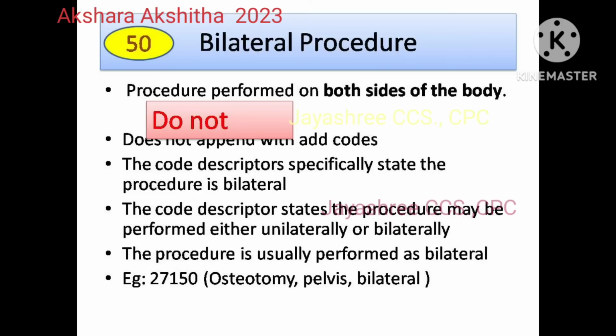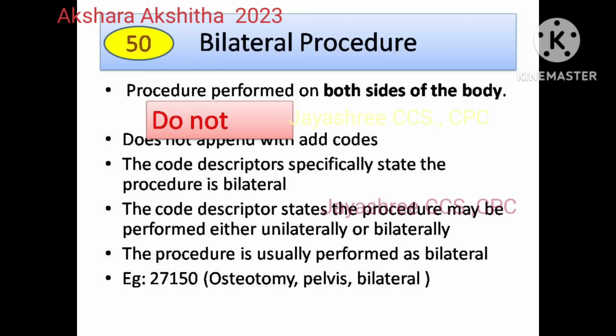If our description itself says bilateral, we will not append it. But sometimes in a CPT description they mention unilaterally or bilaterally, like that. To that CPT code also we should not append the 50 modifier.